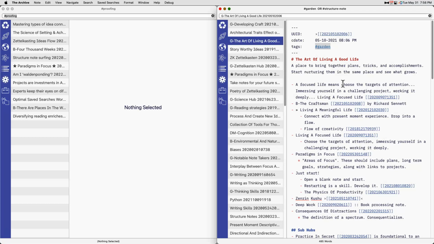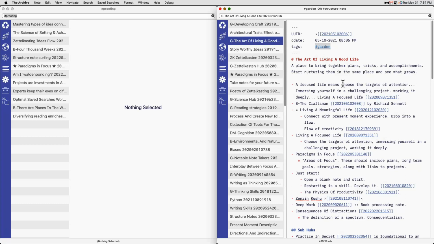It can contain lists of links, quotes, individual ideas, PDFs, and footnotes. Some of my structure notes have footnotes in them. A structure note is also a group of ideas that are alike in some fashion.